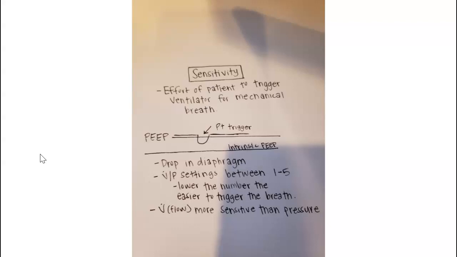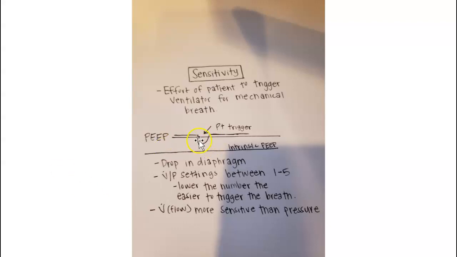I'm going to say 85% of the time you are going to set this in flow. Most of the patients I've set in pressure are extremely hard to ventilate and have been on the ventilator for a really long time, and we have to start doing some funky stuff. Most of the time, 2 liters of flow is most comfortable for about 85% of patients, but the range is between 1 and 5.